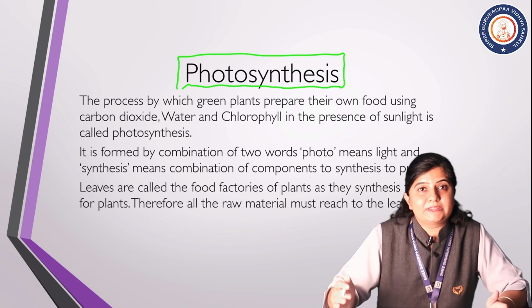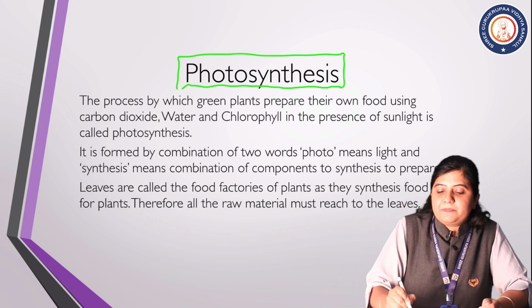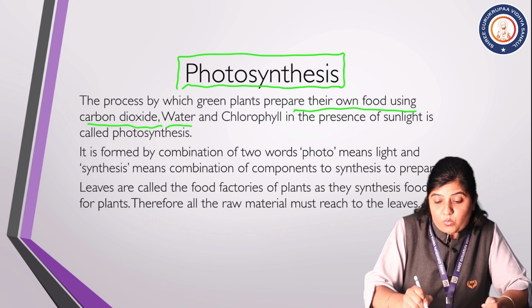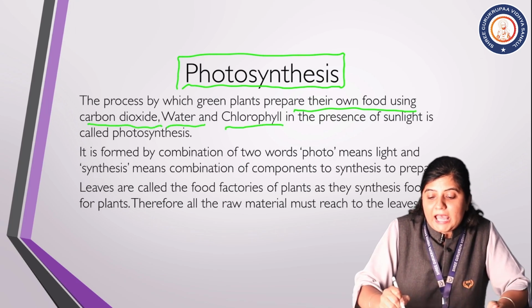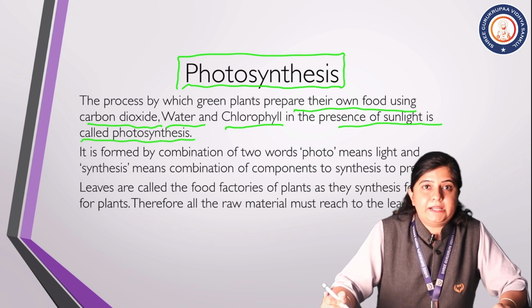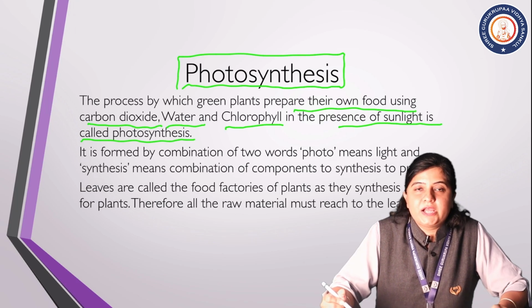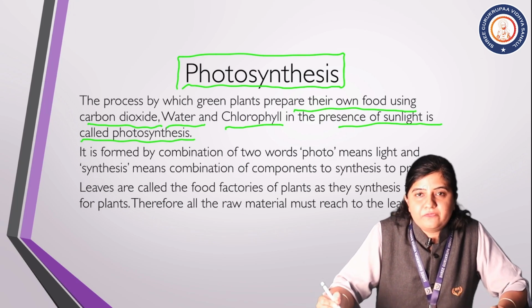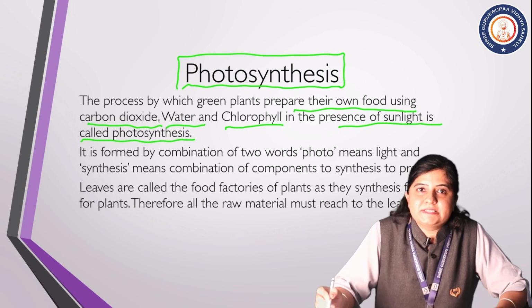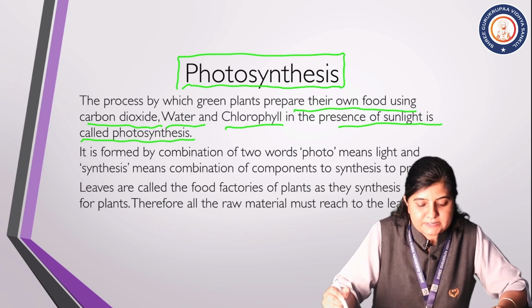That is why we call them autotrophs. They prepare their food from simple substances like carbon dioxide and water, with chlorophyll, especially in the presence of sunlight. This is called photosynthesis, the process by which green plants make their own food.